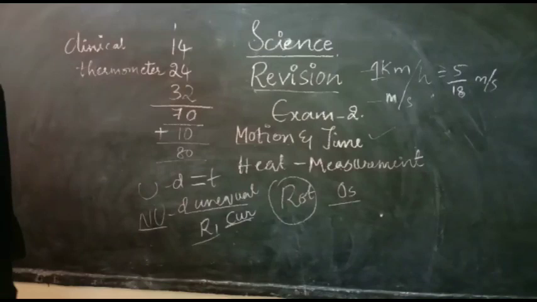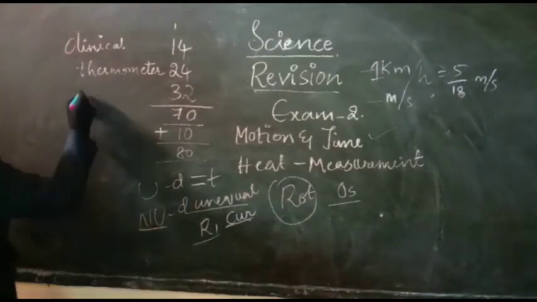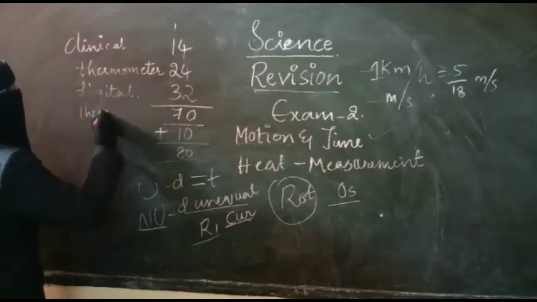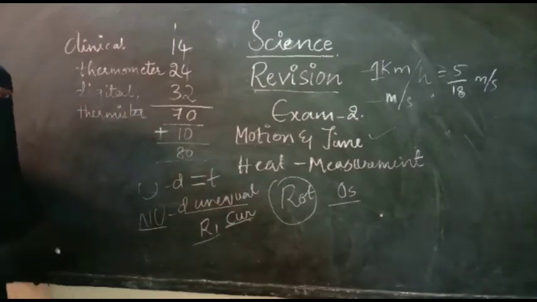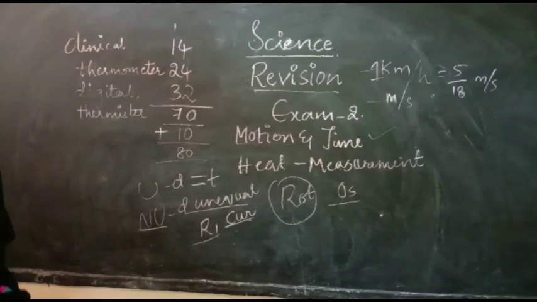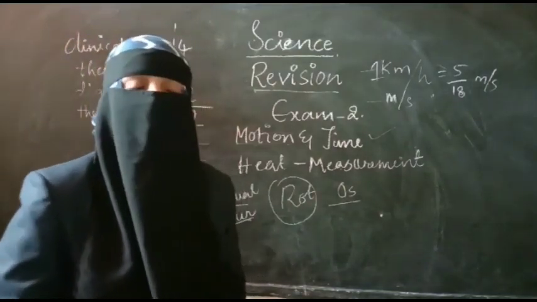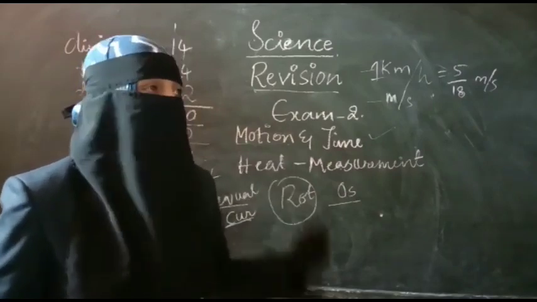Other than the clinical thermometer, we have the digital thermometer, and the thermistor thermometer is also present, used for measuring human body temperatures. Clinical thermometer, complete description I have given. Students, read that lesson, the explanation of the clinical thermometer, and practice the diagram.